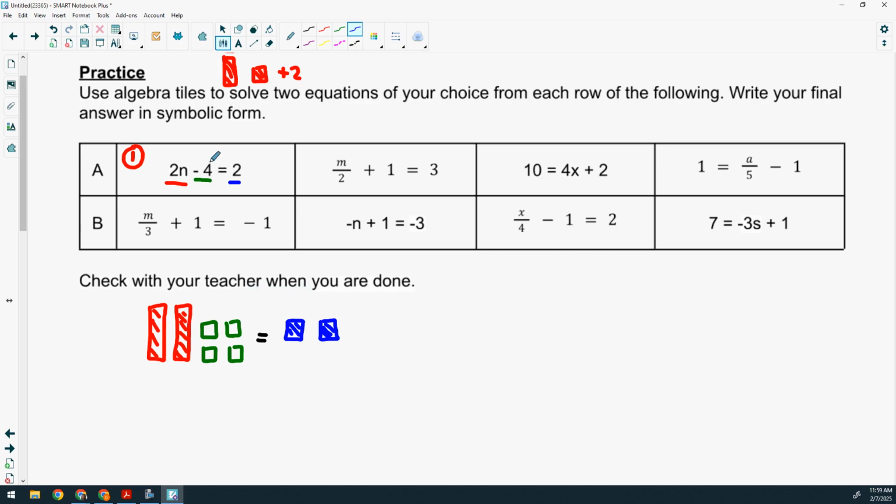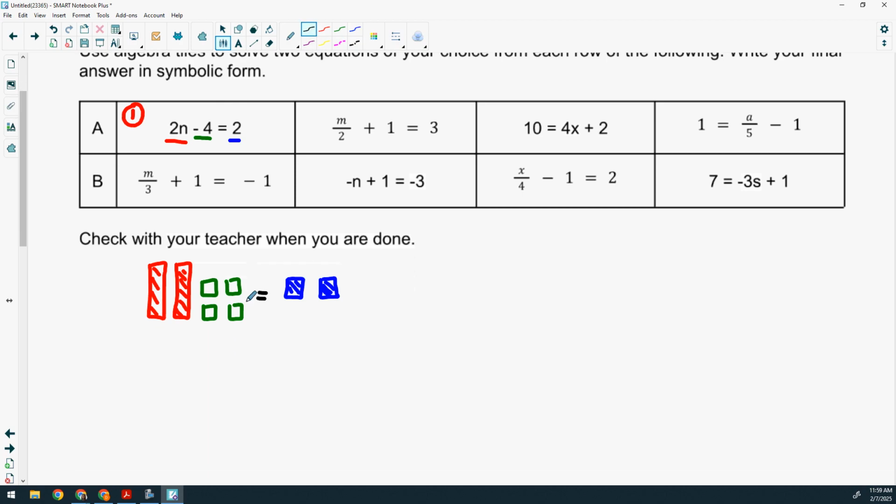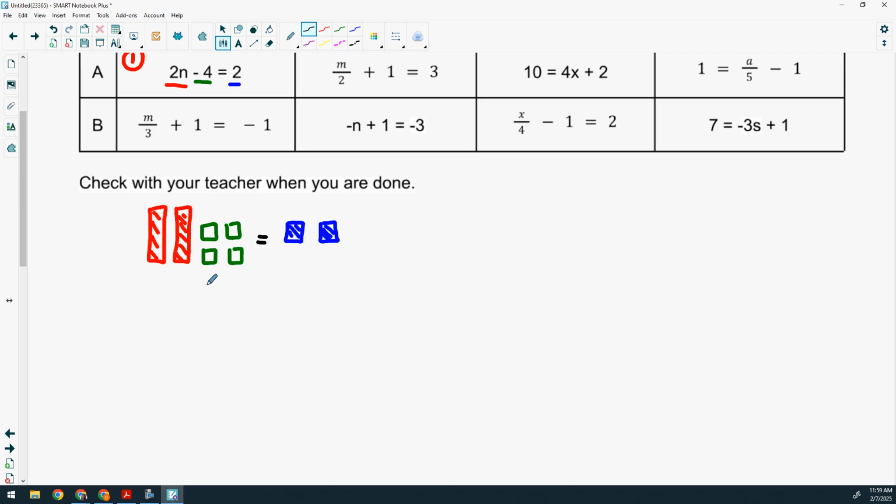So we need to get rid of this -4, or we need to move it to the other side. The opposite of -4 is +4. So underneath that equation, I'm going to write +4 in algebra tiles. So 1, 2, 3, 4.